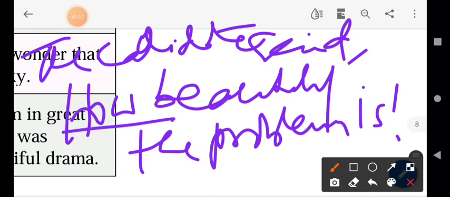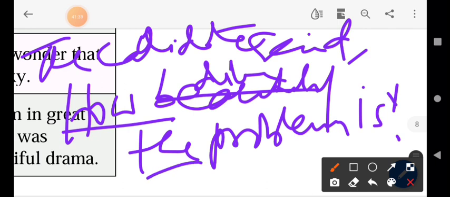The candidate exclaimed with sad disapproval, not interested, with regret. Not beautiful, sorry. How difficult the problem is. The candidate exclaimed with sadness or disapproval that the problem was very difficult. The problem was very difficult. Simple present tense changes into simple past tense.